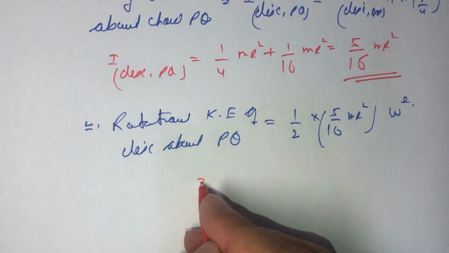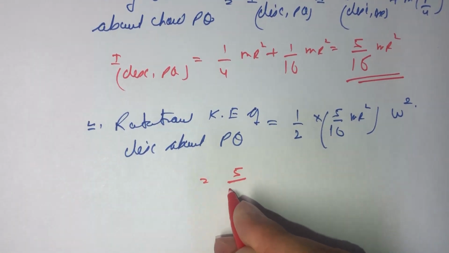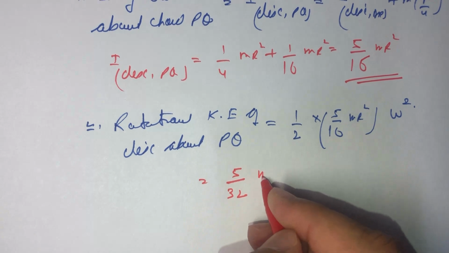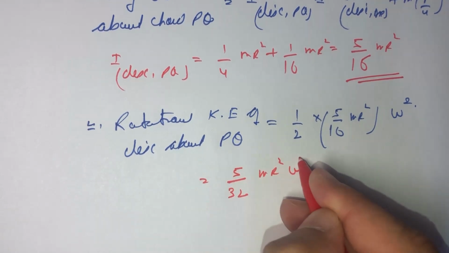So this comes as 5 upon 32 mr square omega square.